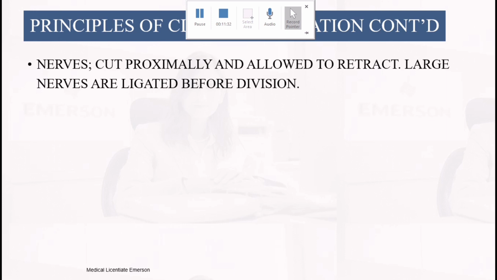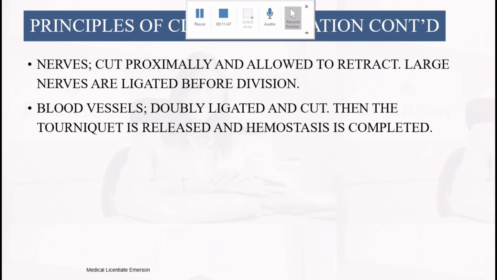So you first retract the nerve and you cut proximally so that it goes back in and it doesn't cause stump neuroma. So the large nerves are ligated before division. Then blood vessels, so you have to double ligate and cut. Then the tourniquet is released and the hemostasis is completed.